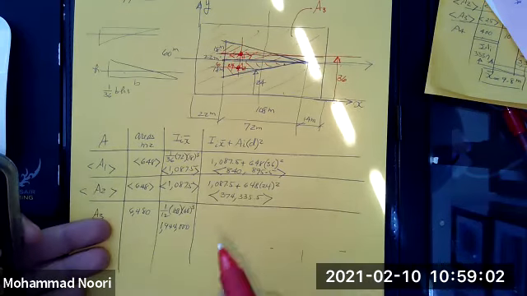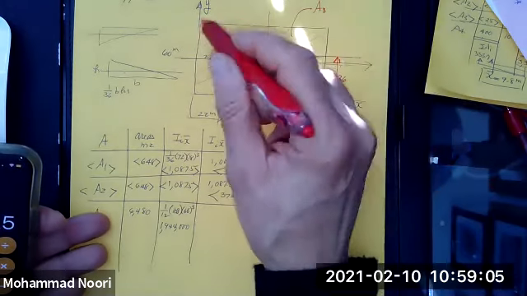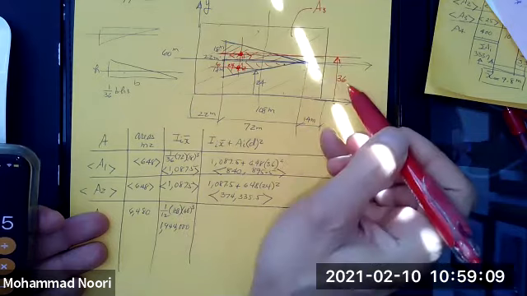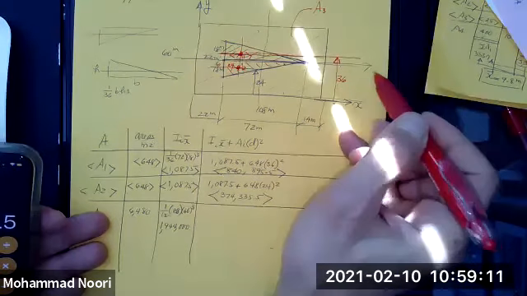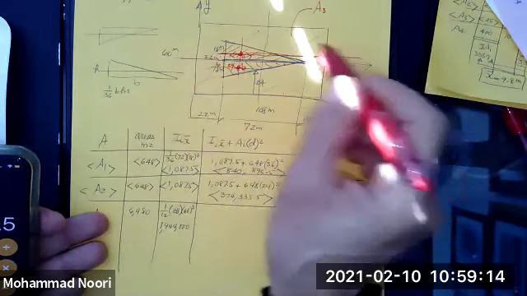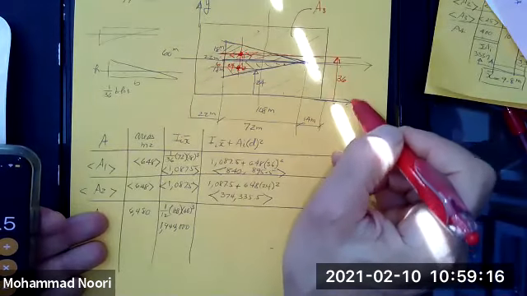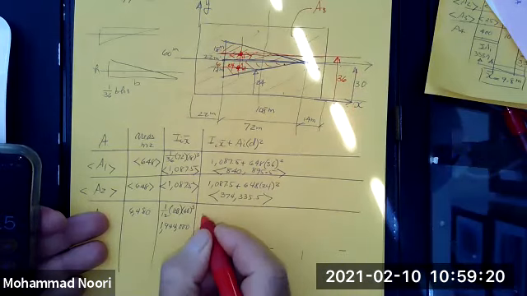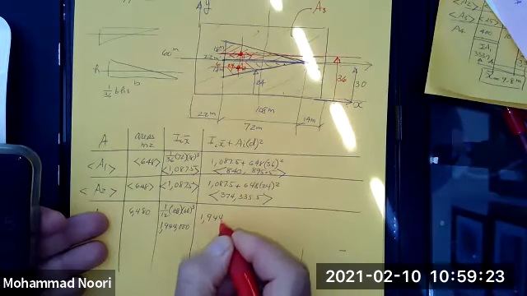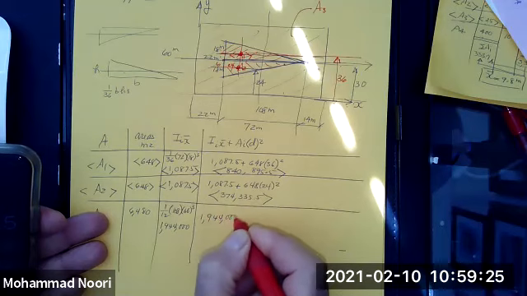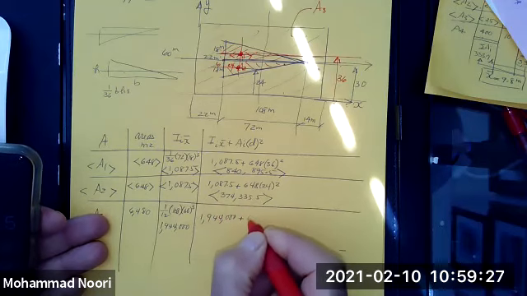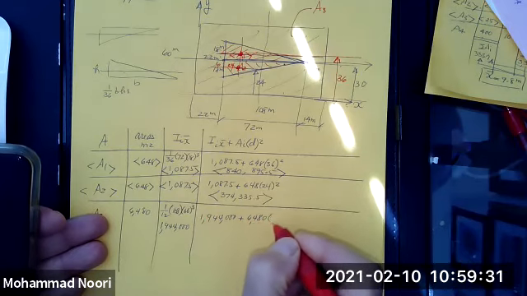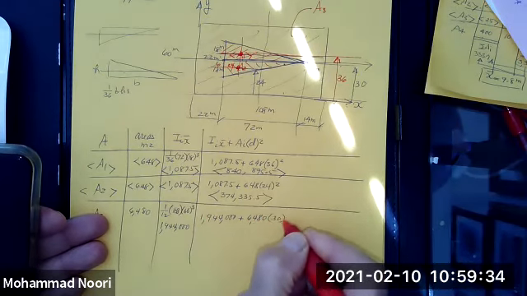Now, the moment of inertia of this shape about this axis. What is the distance from the centroidal axis of that shape to here? It is 30. So you write 1,944,000 plus the area, which is 6,480, times 30 squared.